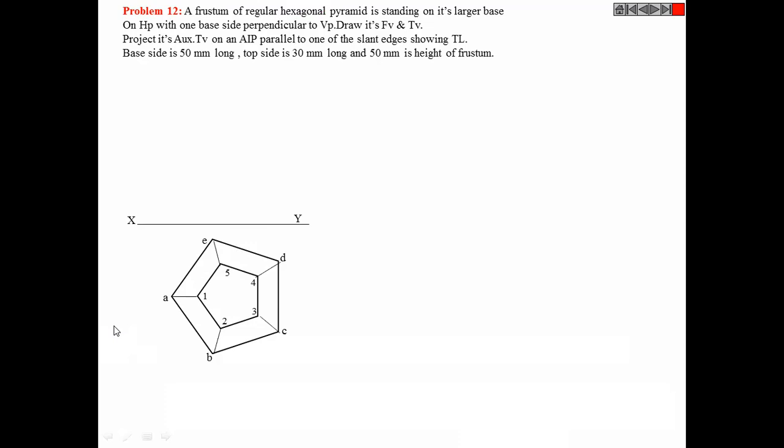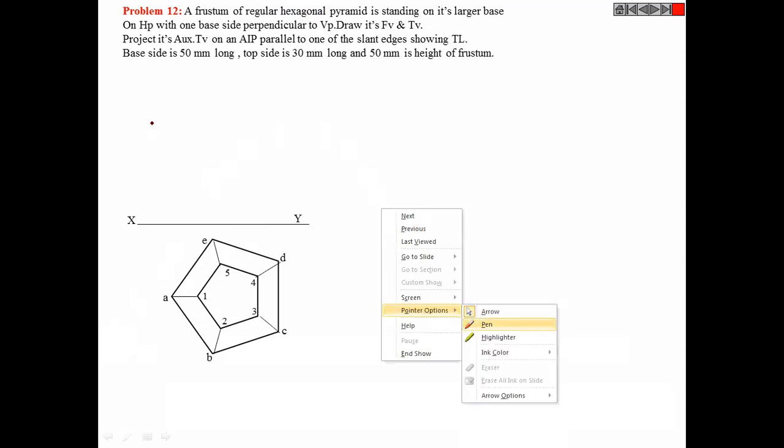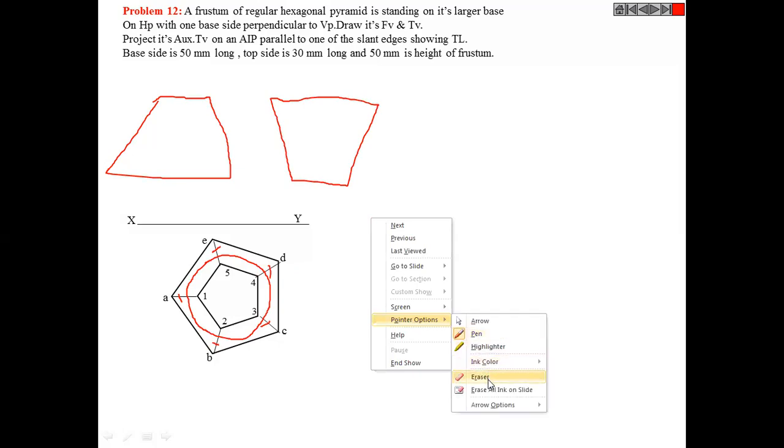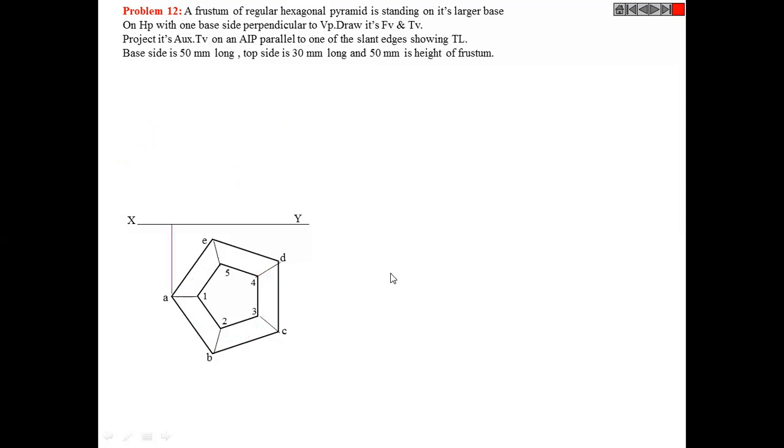I have discussed that problem also: if the frustum was inverted, with the larger portion on top, then all these edges would have been dashed. Correct? It would have been dashed.